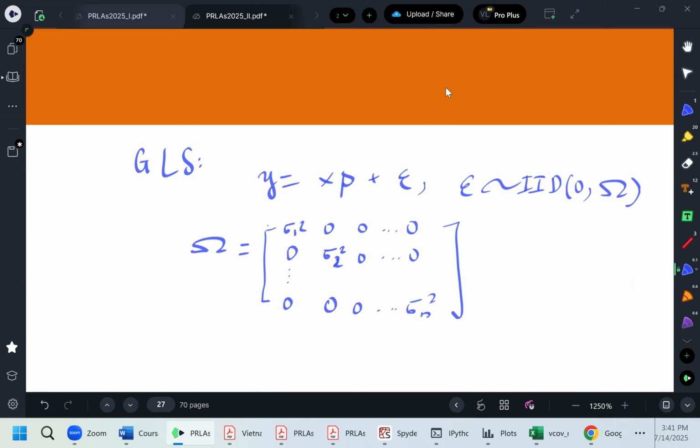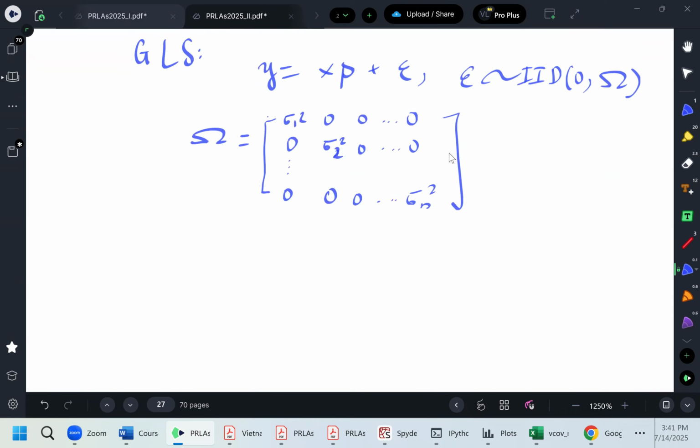So let's say we will extract a vector, vector sigma square. I put a v here. And of course, we will take the log of sigma square. Our question is, we want to know whether the log of sigma square varies with the independent variable.